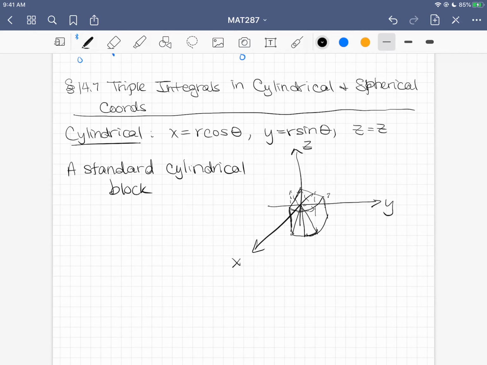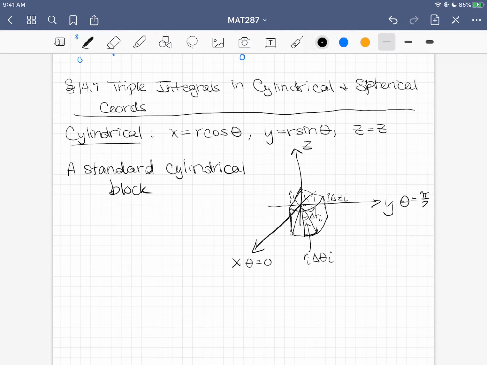So we can think of change in z here, and then down here I've got some delta r_i, change in r, and I've got a change in that arc length, r_i delta theta_i.